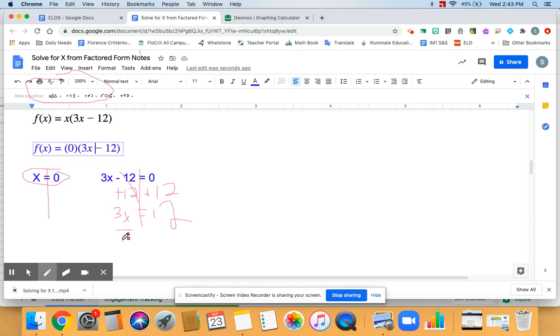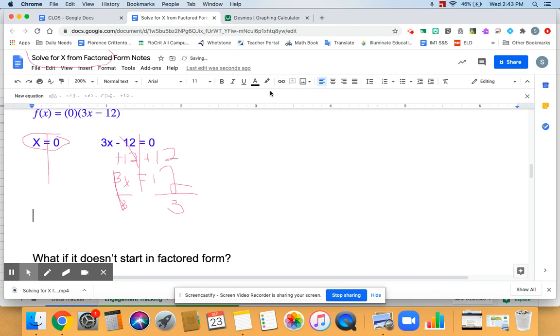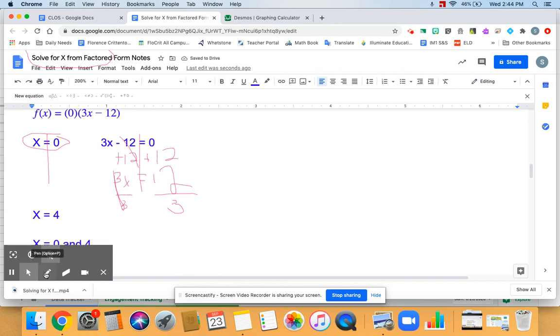By dividing it away. 3 divided by 3 is just going to cancel and become 1x. So 1x is going to equal, and then 12 divided by 3 is 4. So that's my second answer. So the answer is x equals 0 and 4. Those are my two answers when I solved this one for x, and using the zero product property.